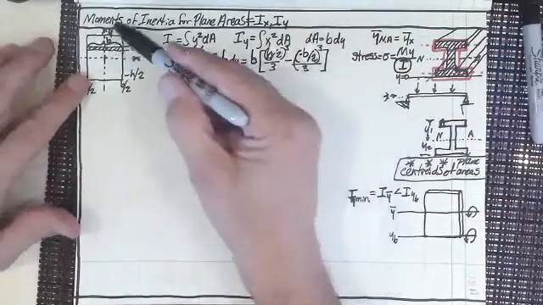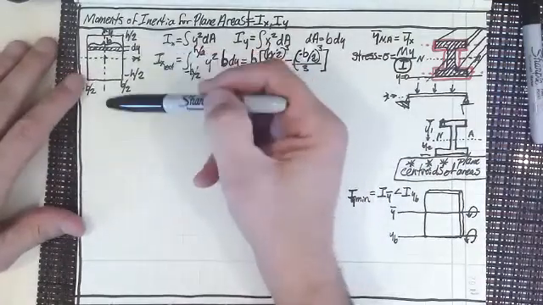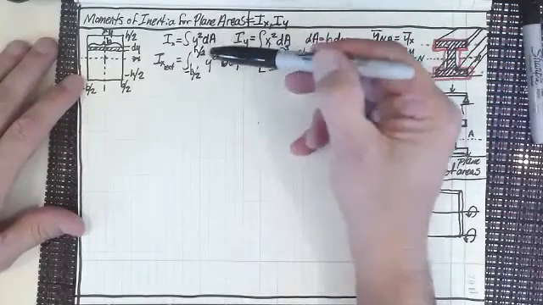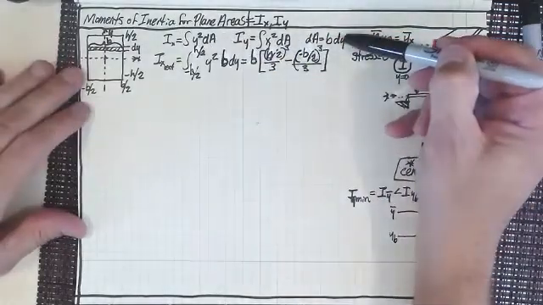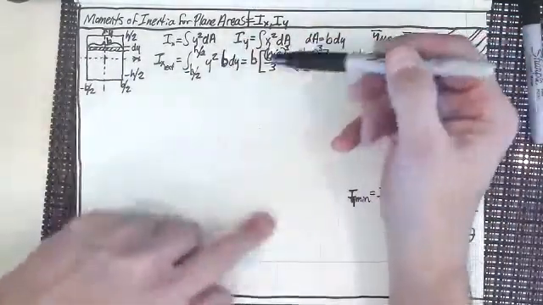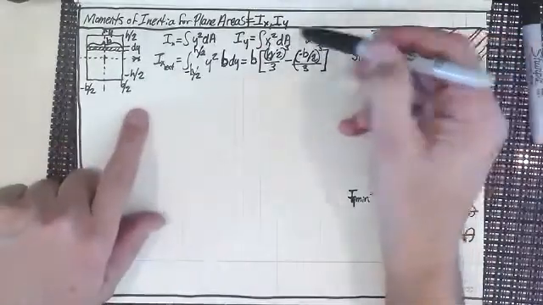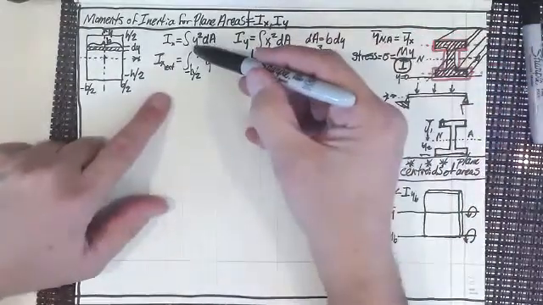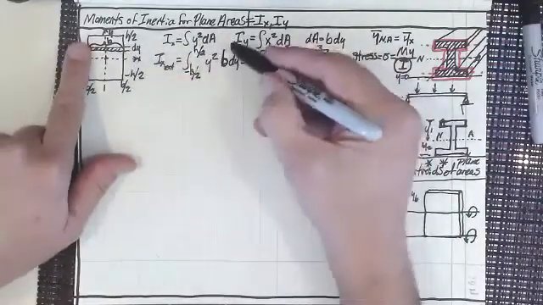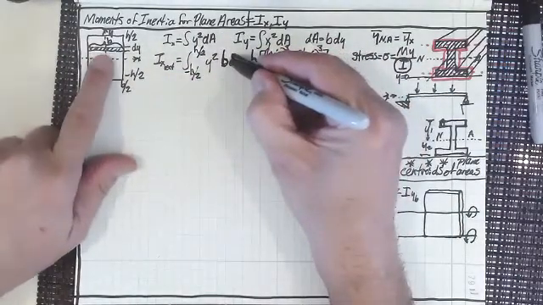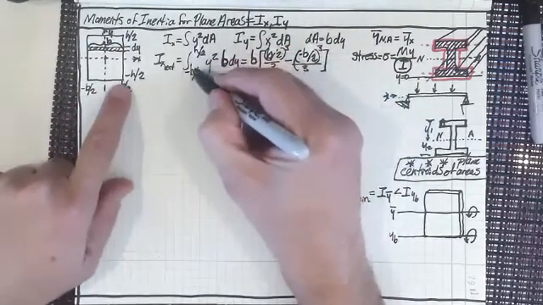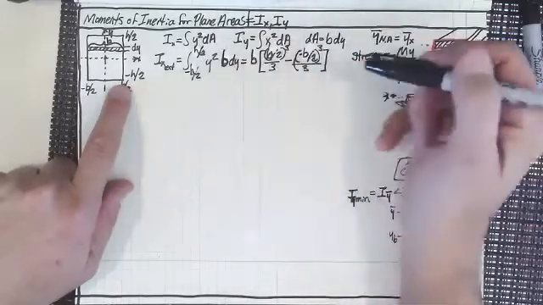All right, so we're finding I about x, and so we've got y squared times b dy, and I did have that right. So the b dy is correct, and the b here is correct. So I was still using the correct notation up here. And now what I'm doing is taking this dA that I've got right here, b dy, y squared, and I'm going from minus h over 2 to plus h over 2.